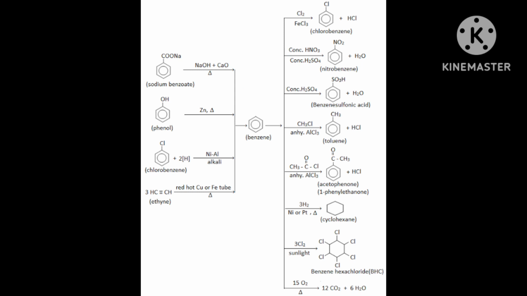And this I told you, the methods of preparing benzene. Three methods I told you: one from ethyne, one from the salt of an acid, benzoic acid, and third from phenol.